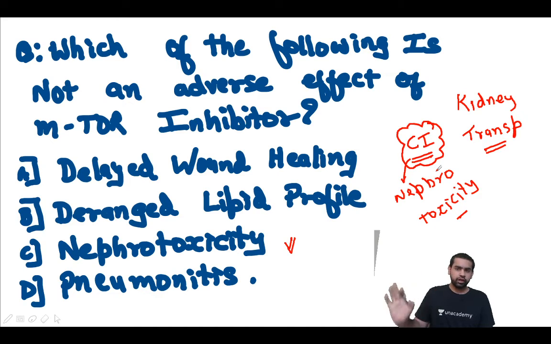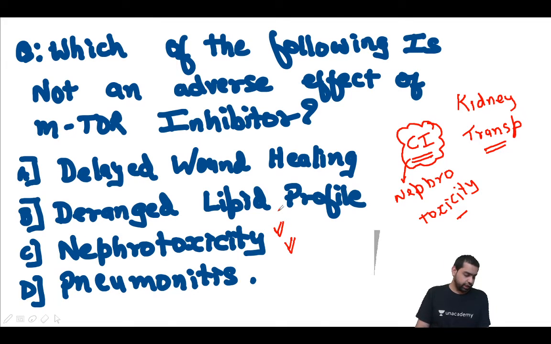It is a very serious condition, and if you have done a renal transplant, you don't want this to happen. So in the maintenance phase, you can replace the calcineurin inhibitors with mTOR inhibitors, because mTOR inhibitors will not lead to this nephrotoxicity.